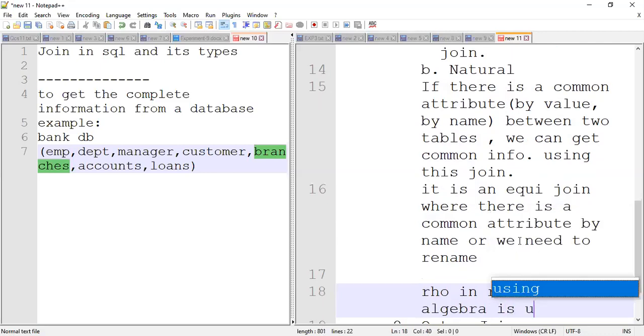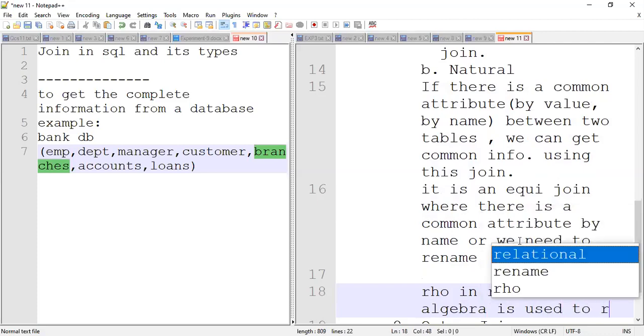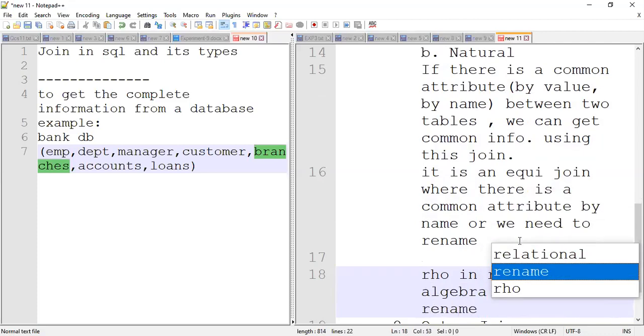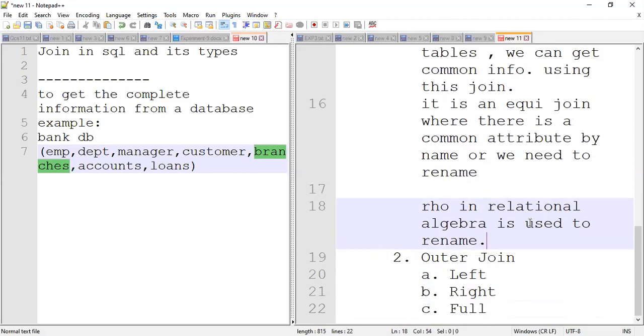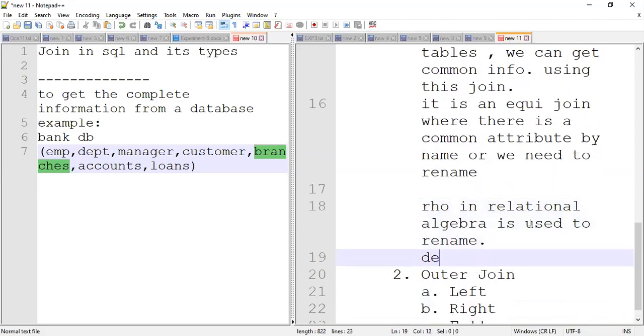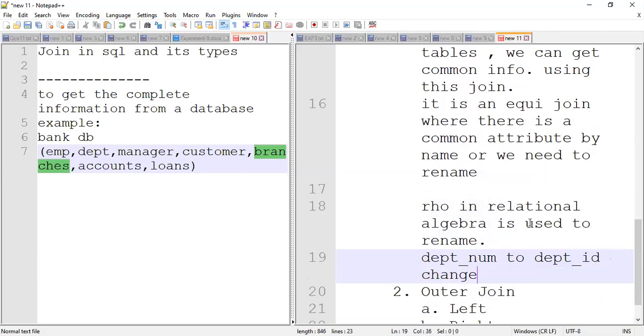For example, in the employee example, we can change department number to department ID. If I rename department number to department ID, then natural join is applicable to department and employee.